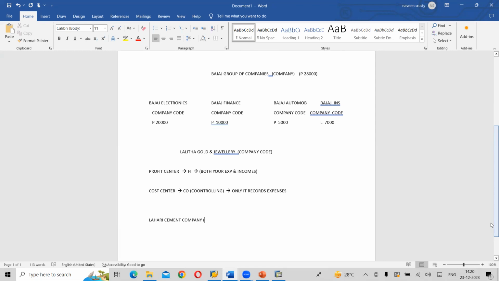Here we have paid rent of 5,000 in cash. Paid rent 5,000 for this company code.